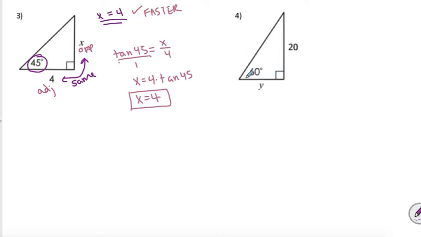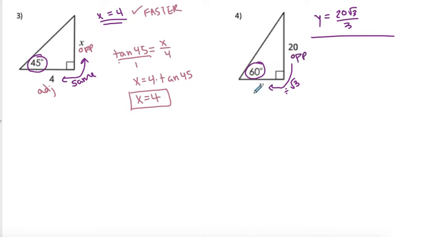On number 4, okay, I circle it and see, ooh, that's 60. So how do I go from long leg to short leg? I'm going to divide by radical 3. So using my special right triangles, I could get y is 20 over radical 3, so 20 radical 3 over 3, or use trig. We have opposite and adjacent, which is going to be tangent again. My tangent of 60 is 20 over y.